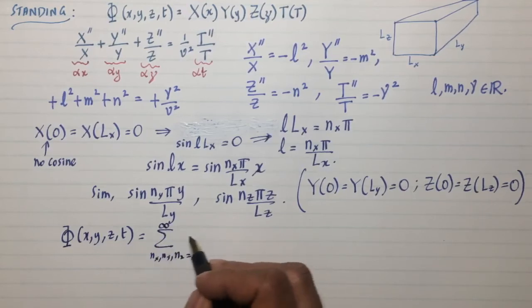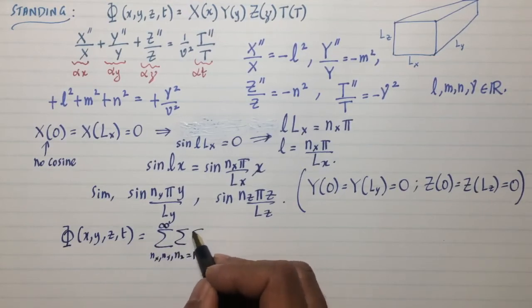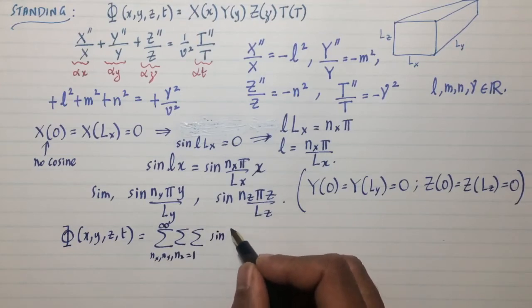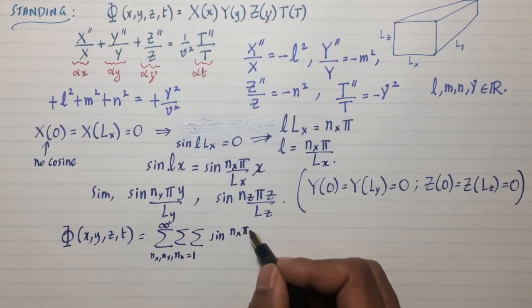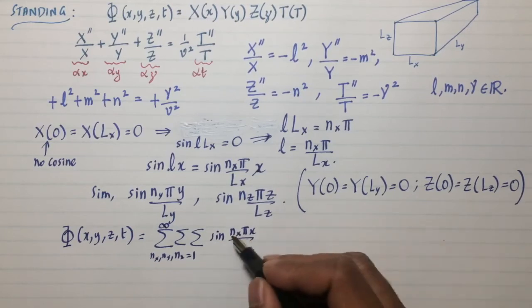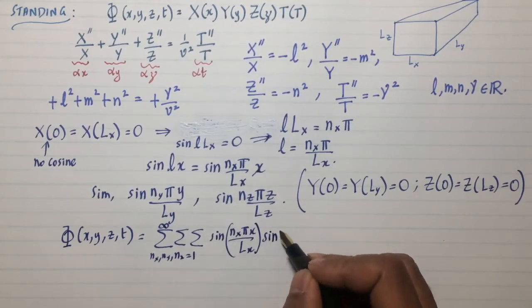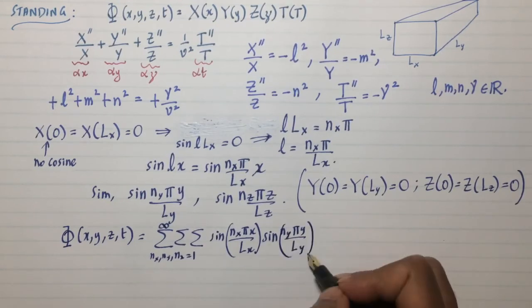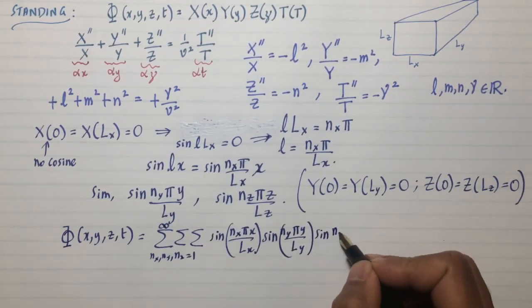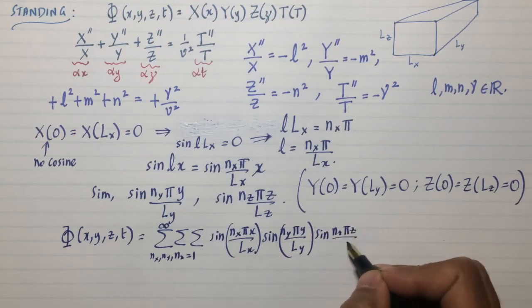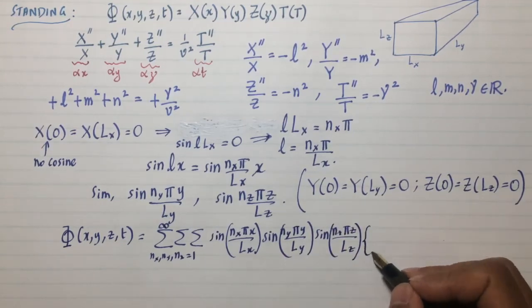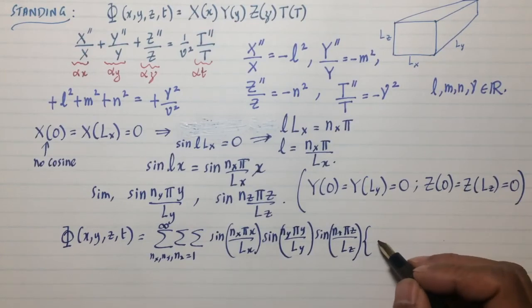So it's a triple infinity. I can probably write 3 sigma signs if you like. And then I have sine of nx pi x over lx times sine of ny pi y over ly and sine of nz pi z over lz, multiplying whatever the general solution is for the time variable.